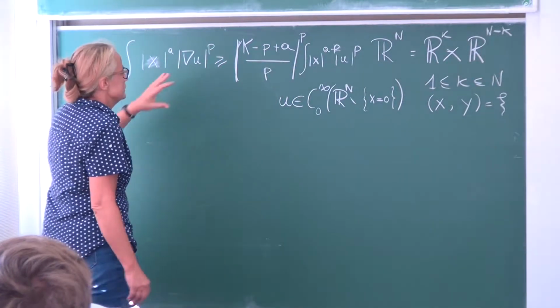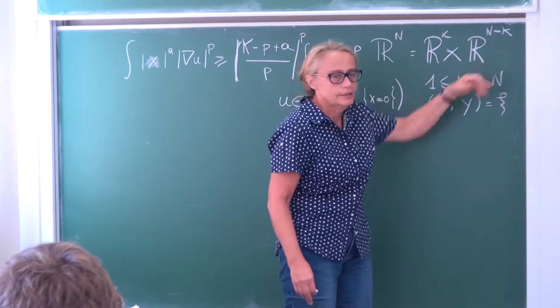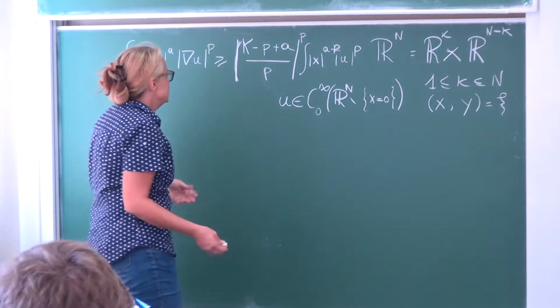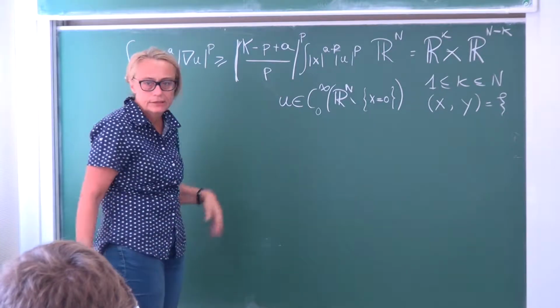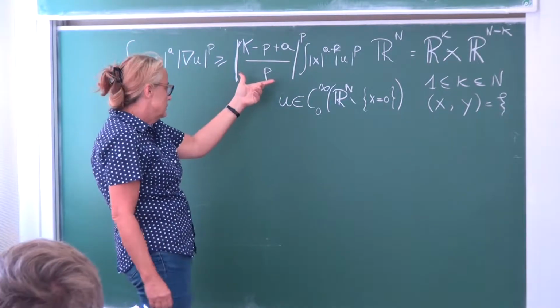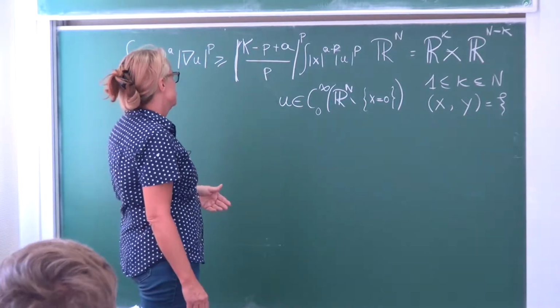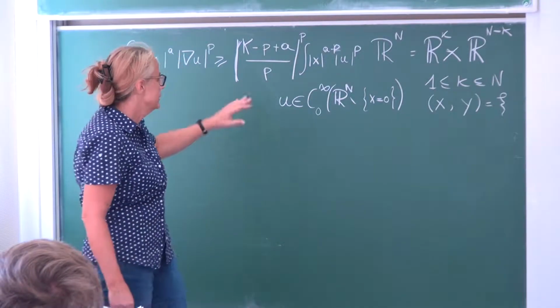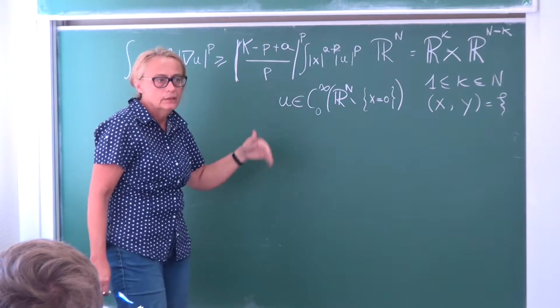It seems that after integration in those variables, we get something in the left-hand side which is bigger. Actually, the constant here does not improve. I will indicate three ways to prove that this is in any case the best constant.